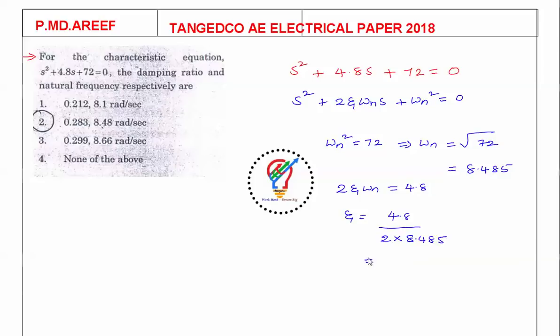So by comparing this, the answer we got is 0.2828, approximately 0.283 here. So from this, the option that matches is option 2: 0.283 and 8.48 radians per second. So here I forgot, radians per second is the unit for the answer to this question.